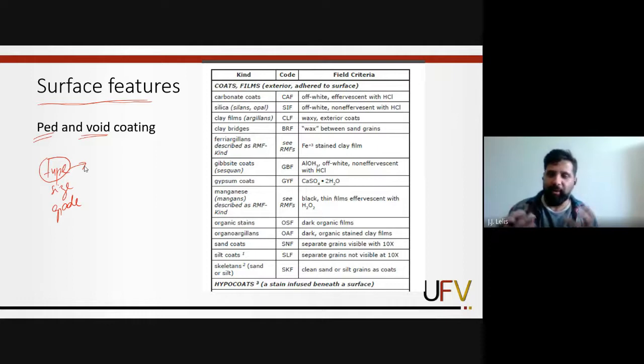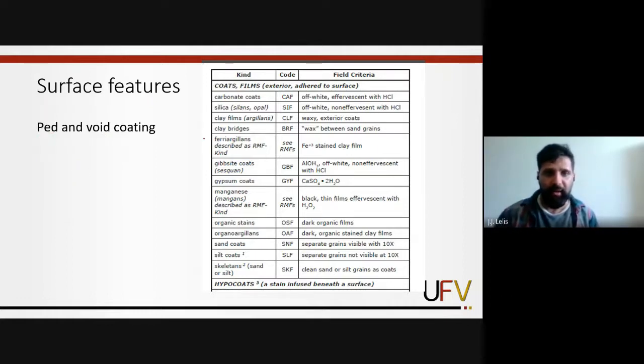Typically the most abundant coating is clay bridges and clay films. So generally we can find the surface of peds with a lot of clay films. They are usually called argillans. So we can describe these materials in the field.